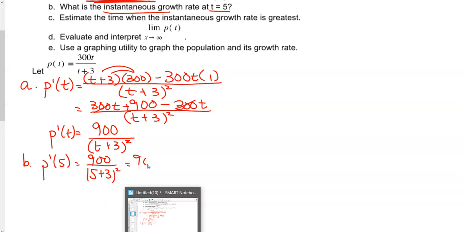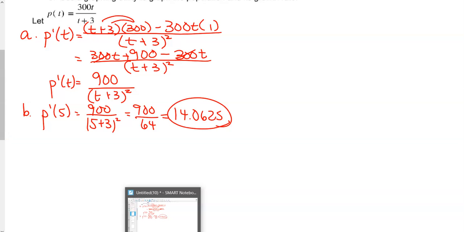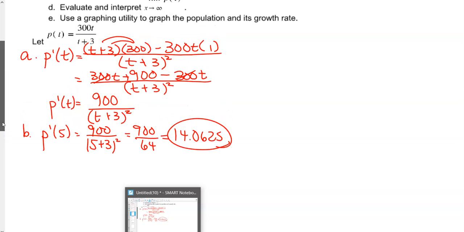So I get 900 all over 64, which is a decimal of 14.0625. And that's the growth rate, basically, that we have for the population growing, per year or per week or whatever the time unit is here, okay?